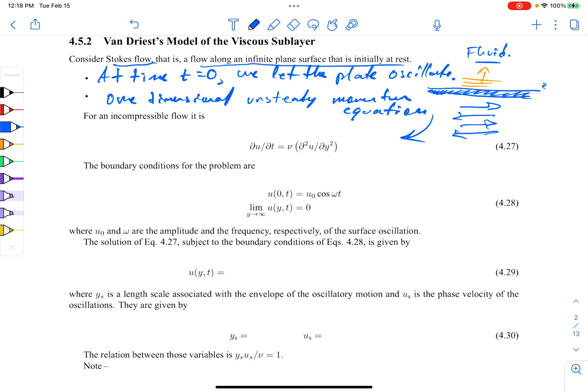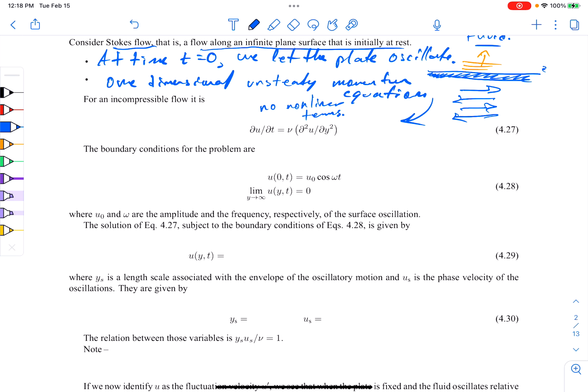And you'll see, of course, there are no nonlinear terms. So bear with me, and we'll go from this mountain to the next. So partial u partial t equals essentially nu partial squared u partial y squared. Other terms drop away because we're in a boundary layer or two-dimensional type flow.